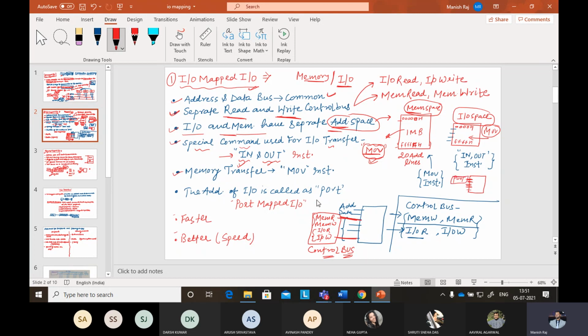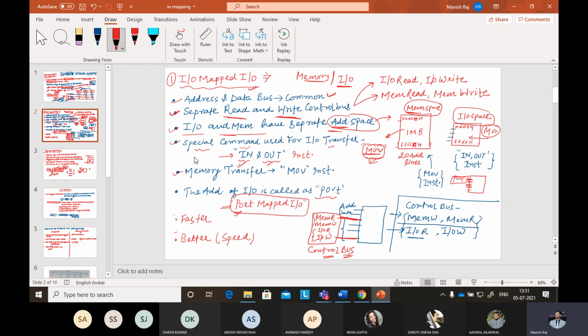So sometimes this IO mapped IO is called port mapped IO, because we are using the isolated IO. We are calling the addresses ports. That's why instead of the word IO mapped IO, you can use port mapped IO. So if you find port mapped IO somewhere, you can understand that it is IO mapped IO.